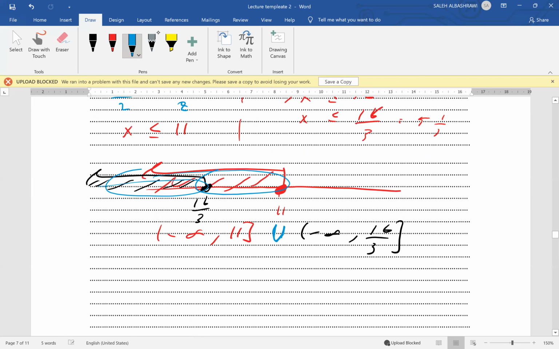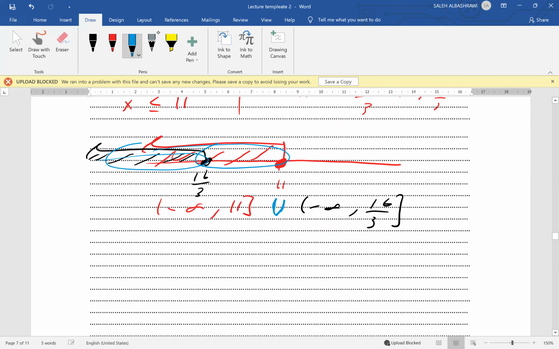So we can write the solution set of this inequality as x where x is less than or equal to 11, because we have or, so we combine this with this. If it is union, it will include everything in the second inequality and the first inequality. So it is x less than or equal to 11. Or in interval notation, I can write it as minus infinity to 11, closed.